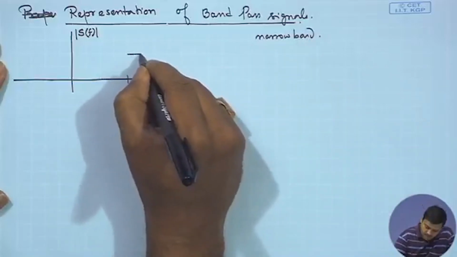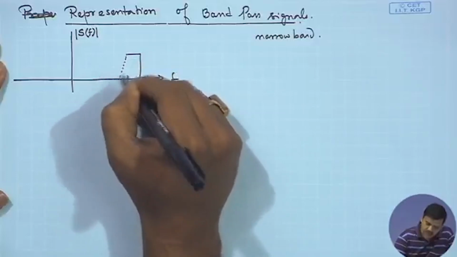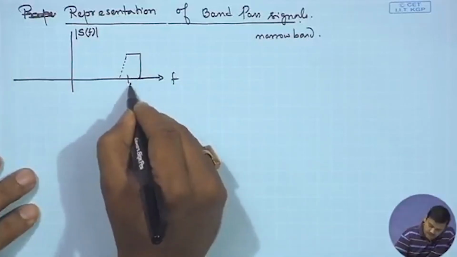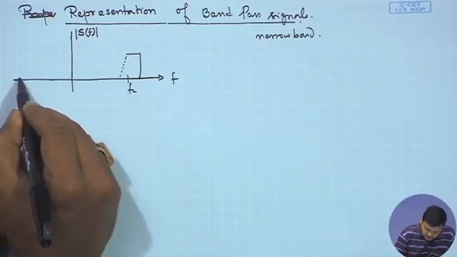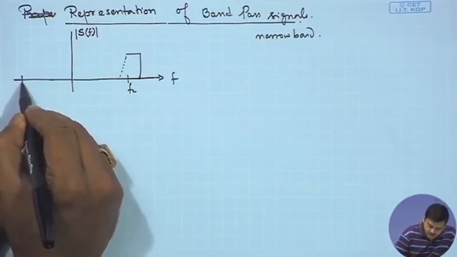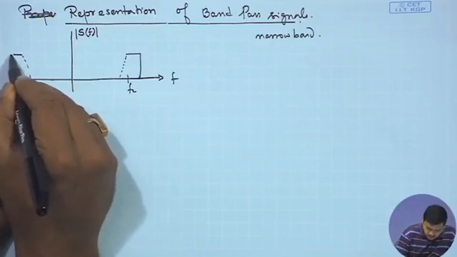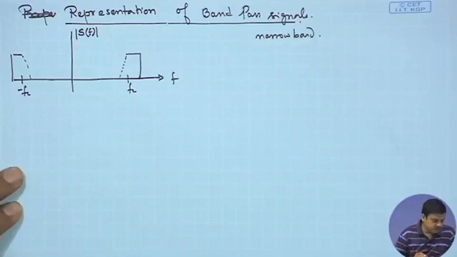Beyond the carrier there is no signal, and if it is a sideband, it would look like this. So, we would call this, let us say, f c as the center frequency, and we are going to have something like this here, as well on this side. This is minus f c.